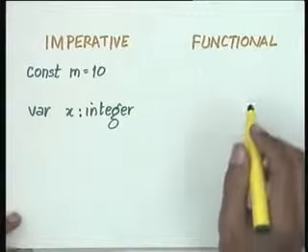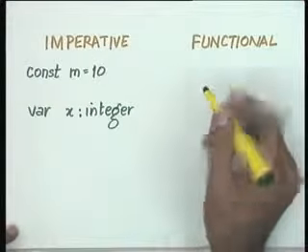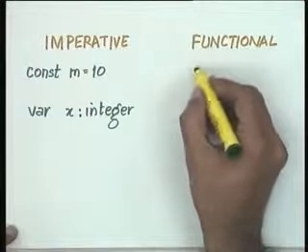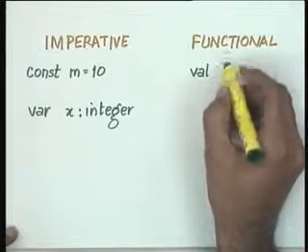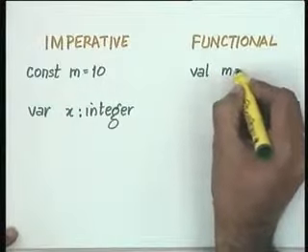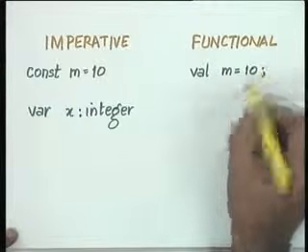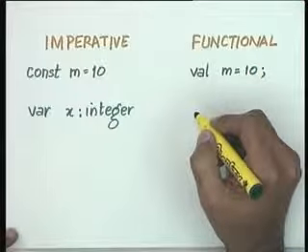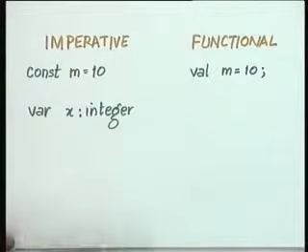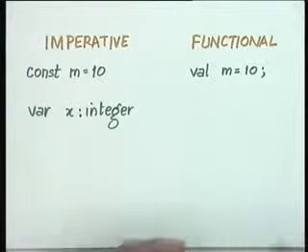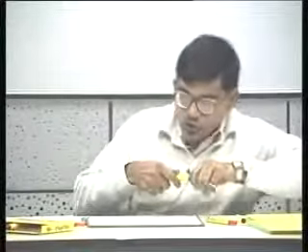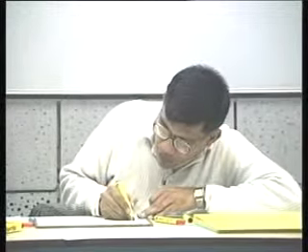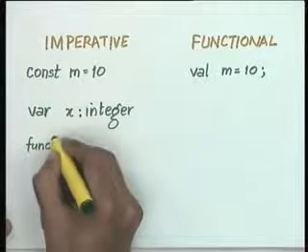An ML like language, a functional language, has declarations of this form, and within let expressions and so on and so forth, which are unnamed functions. So you also have function names, for example.